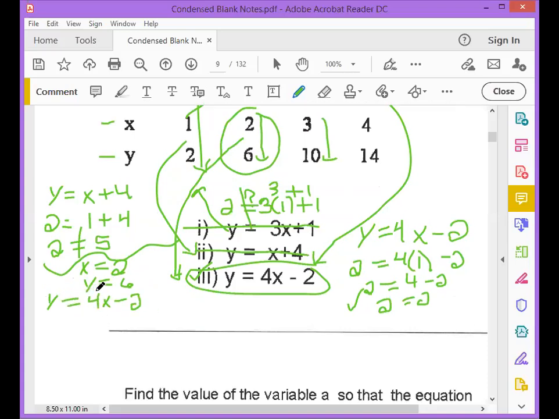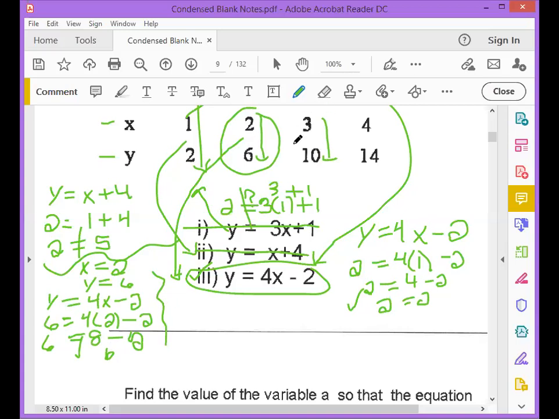All right, we substitute 6 for y. We want to know if that's equivalent to 4 times 2 minus 2. And 4 times 2 gives us 8 minus 2. That is equivalent to 6. So that works.